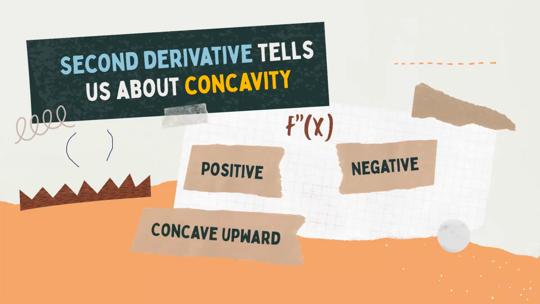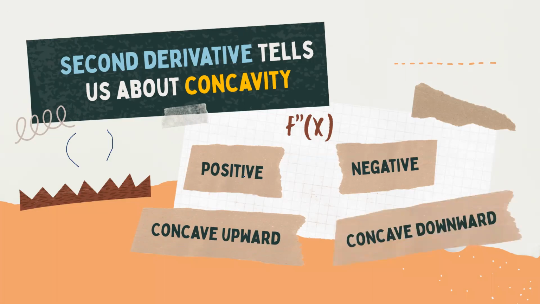On the other hand, when the f double prime of x is negative or less than 0, our graph is concave downward. So yung graph yung nire-refer natin kanina yung function dun sa f prime of x, whether increasing or decreasing sa first derivative. Dito sa second derivative, tungkol sa graph naman, whether it's upward or downward, yung concavity ng graph. Okay? What do we mean by concavity?